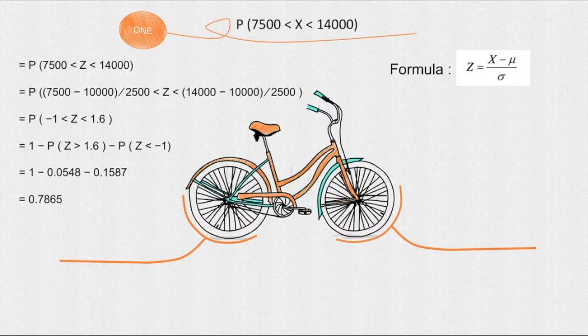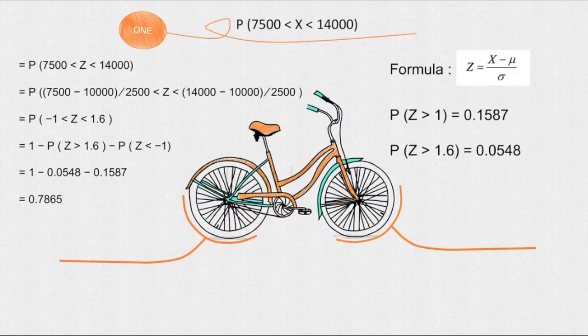For 7,500, we subtract the mean, 10,000, over the standard deviation, 2,500, and we get -1. Using the same method on 14,000, we get 1.6.